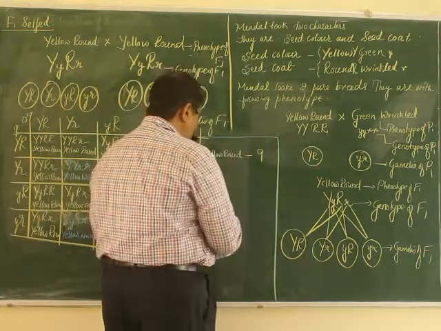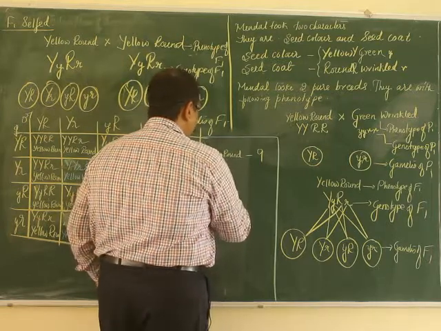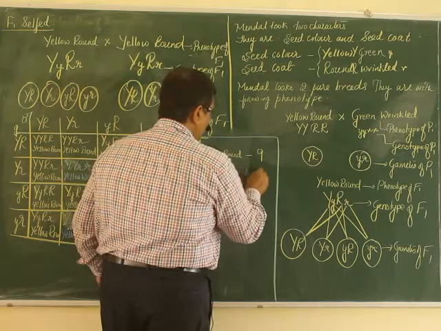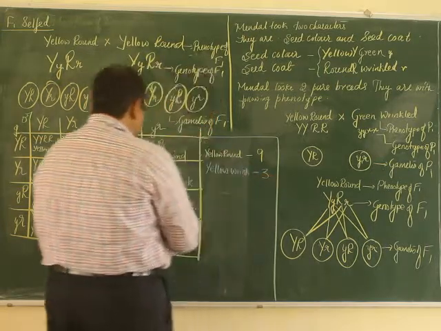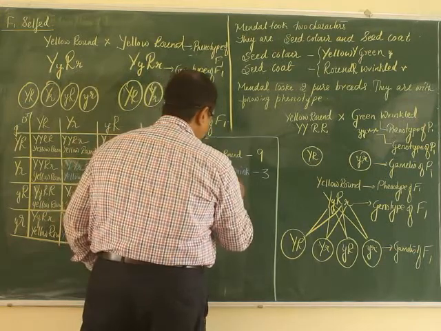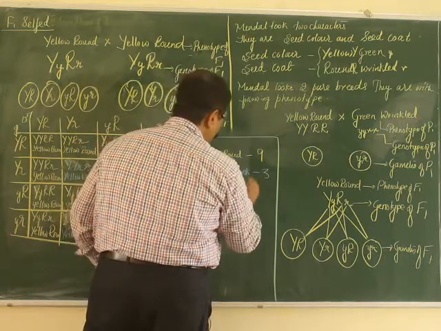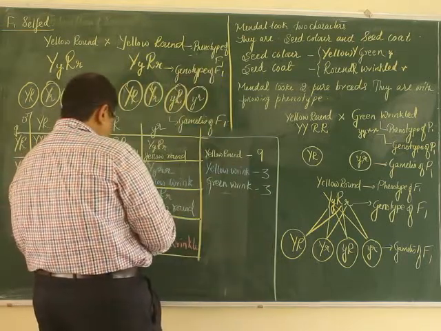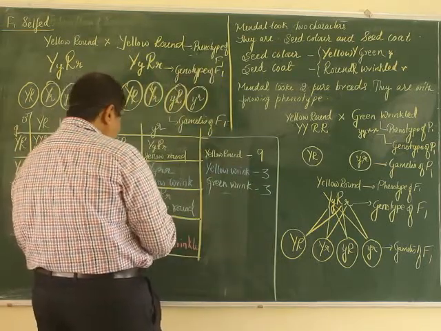I'll write in blue color, okay? Yellow wrinkled 3. Then green wrinkled 3. Then green wrinkled 1.